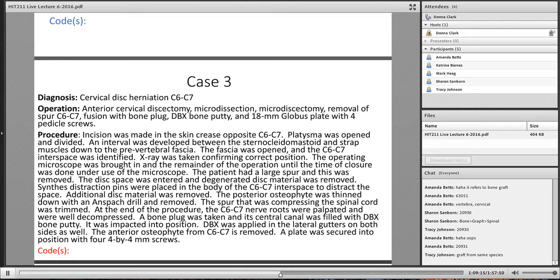Think about a morsel of food: small bone fragments. And we just talked about what allograft means versus an autograft, meaning from the person's own body. You see those in 20930, because 20930 said allograft morselized versus 20931 said allograft structural.